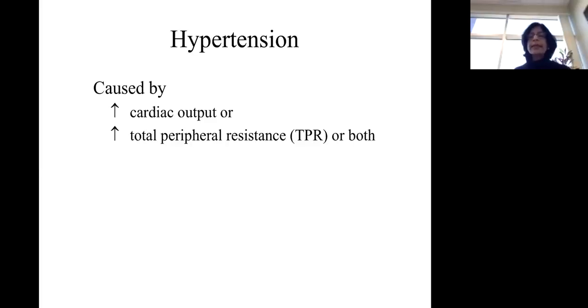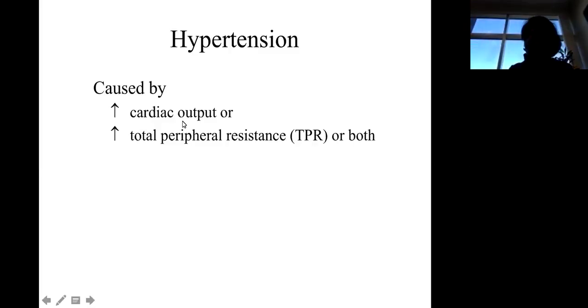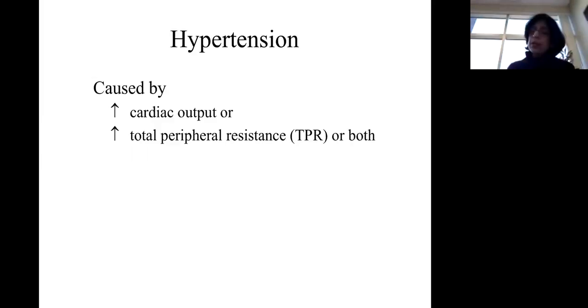So if that is the case, we know that greater the cardiac output, greater the volume of blood in the body, and greater the blood pressure. Linear relationship. That's the same with total peripheral resistance, TPR. Greater the resistance, greater the blood pressure. All right. So it could be either cardiac output or total peripheral resistance, or both that lead to hypertension.